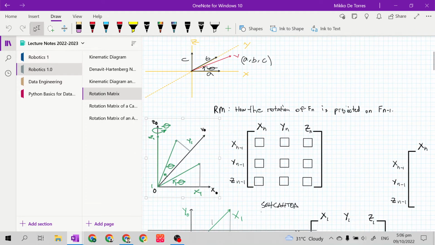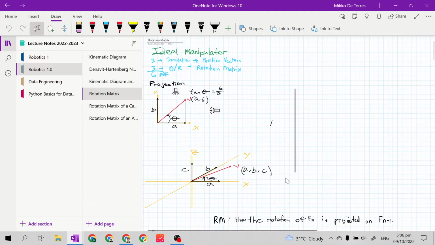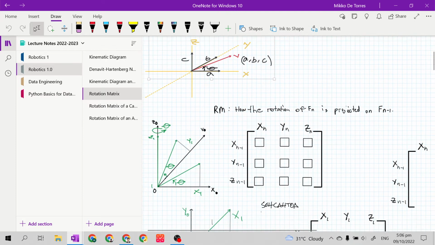Okay, this is the drawing. This is the principle again of projection. And these are our two frames, formed by the principle of projection, frame 0 and frame 1. Frame 0 is the reference frame. Frame 1 is the projected frame.